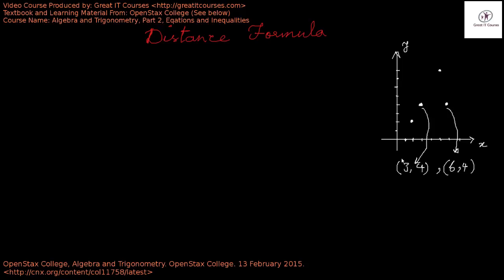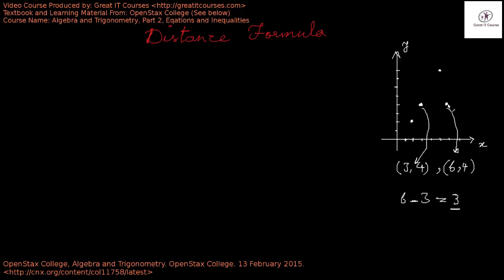You know the x coordinate of this point and the x coordinate of that point, so the distance is equal to the x coordinate of this point, which is 6, minus the x coordinate of this point, which is 3.